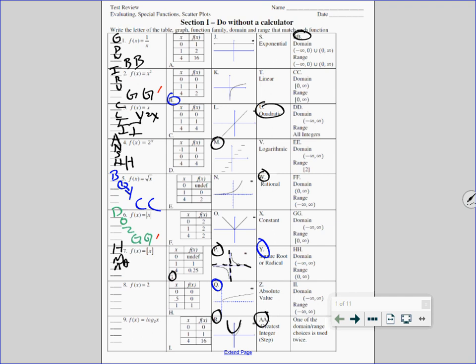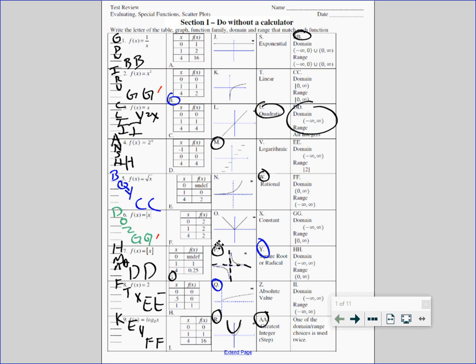And then the output only has integers. Now, a word about how you graph a function like number 9.